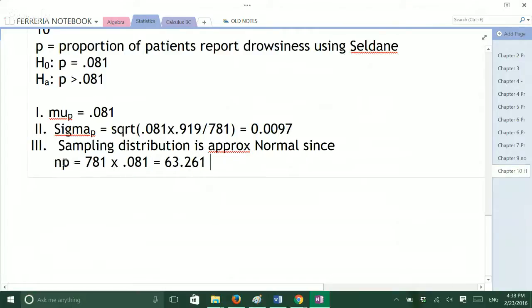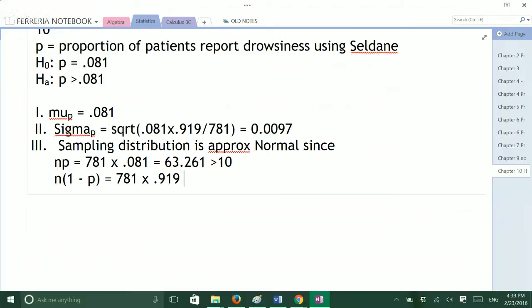That's definitely greater than 10. Then we have N times 1 minus P, that's equal to 781 times 0.919. That's definitely greater than 10. We have that approximately normal sampling distribution now. Nothing else to test, so now we can go ahead and figure things out.